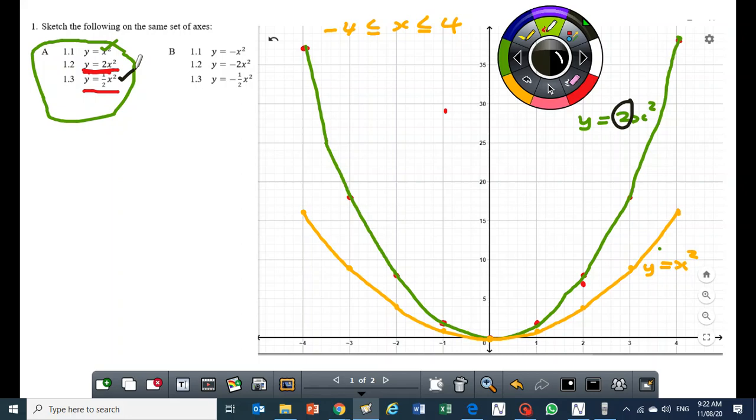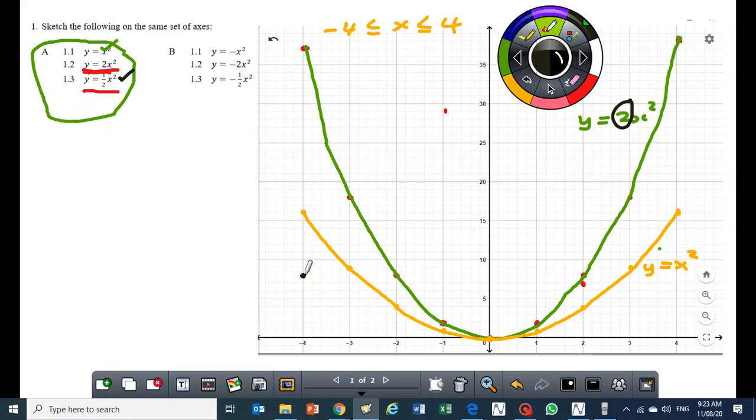y equal to half x squared. Now, minus 4 squared gives me 16. Then 16 times a half, so a half of 16 is 8. So I'm going to have my 8 here. Then minus 3 squared gives me 9 over 2, that's 4 and a half.